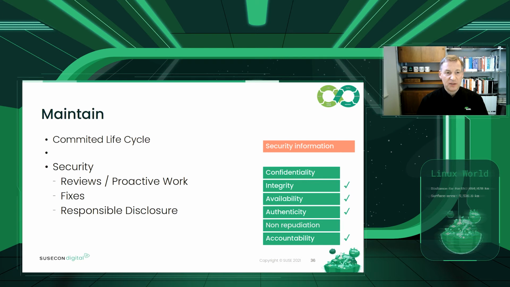And here the security aspects become relevant right from the beginning. We are discussing reviews, proactive work. We are discussing the ability of providing fixes for the software. And again, we need to make sure that the ability to provide responsible disclosure together with industry players remains in place.